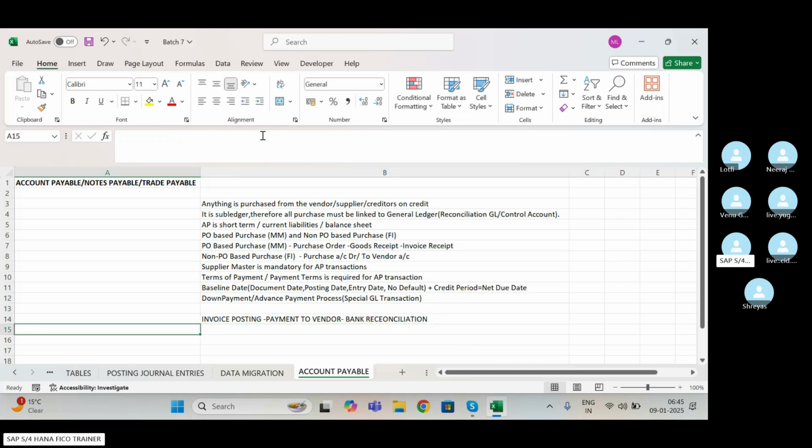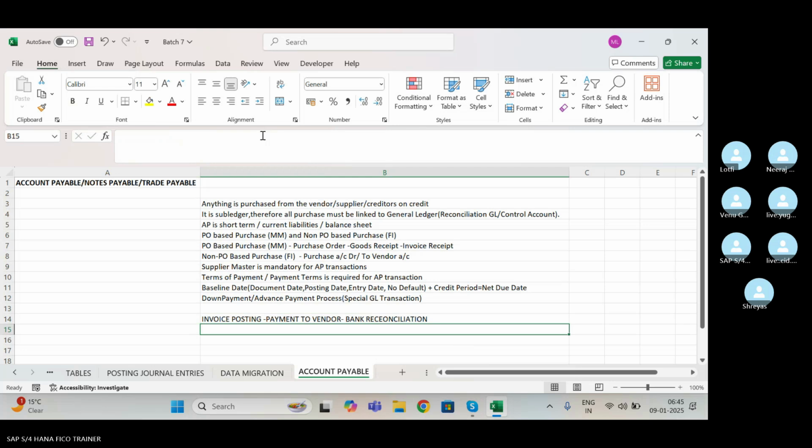So here invoice posting, either it will be from the MM side, that T code is known as a MIRO, or from the FI side, that T code will be FB60.